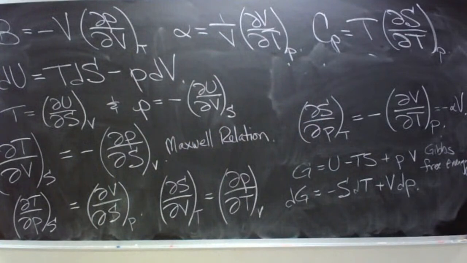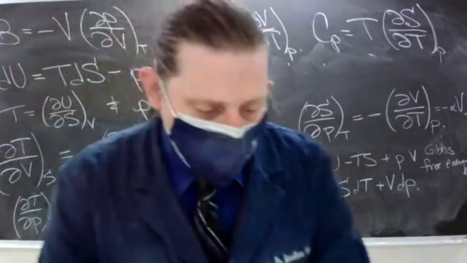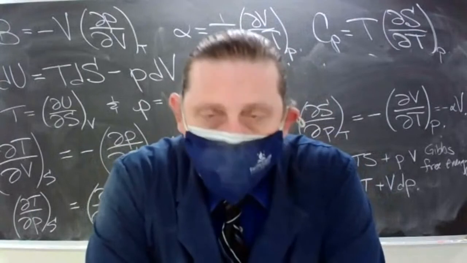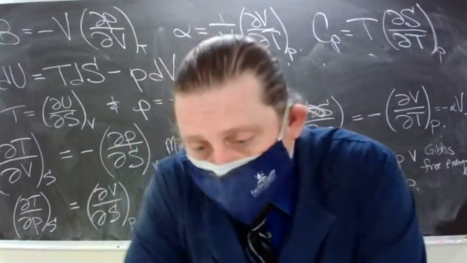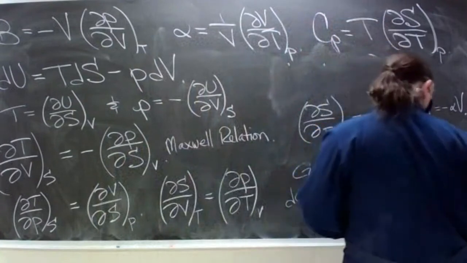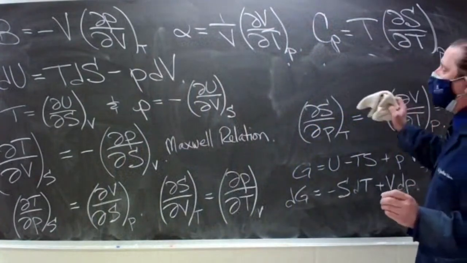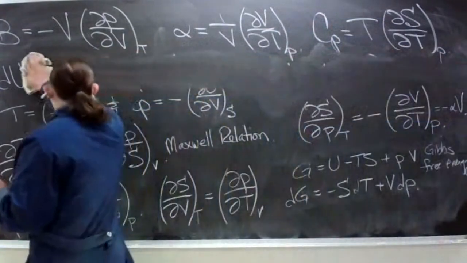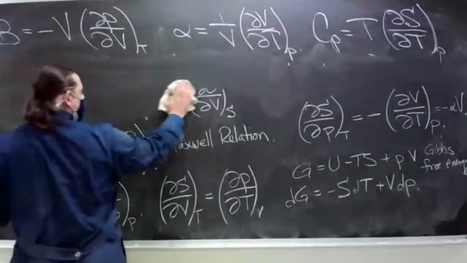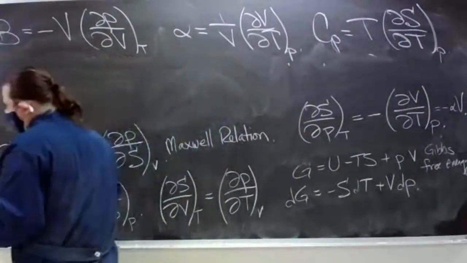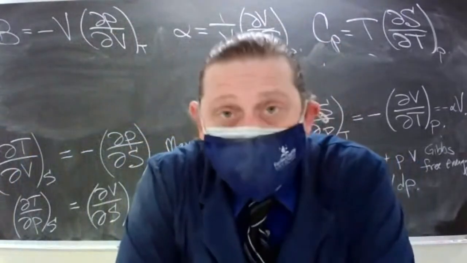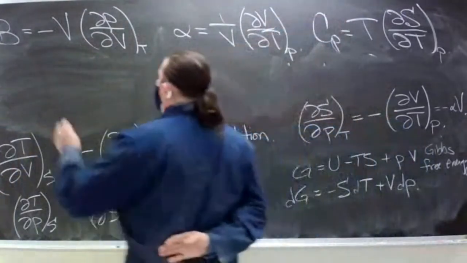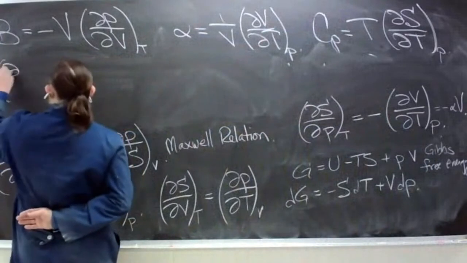So let's talk about another technique that we can use to relate these derivatives. So let's suppose that I wanted to get dP by dT at constant volume.